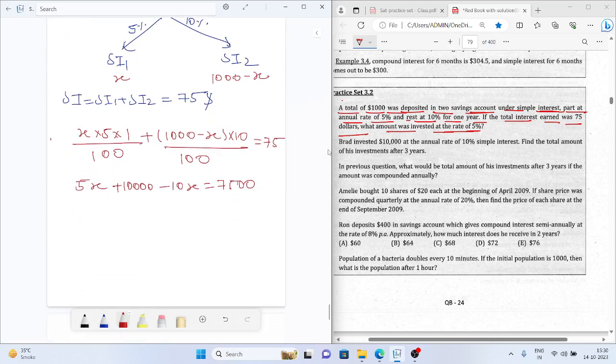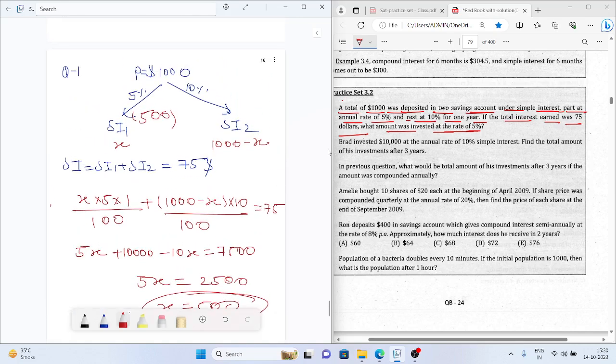So this will become 5X equal to 100,000 minus 75,000, 25,000. So X becomes 5,000. The answer for this is 5,000.